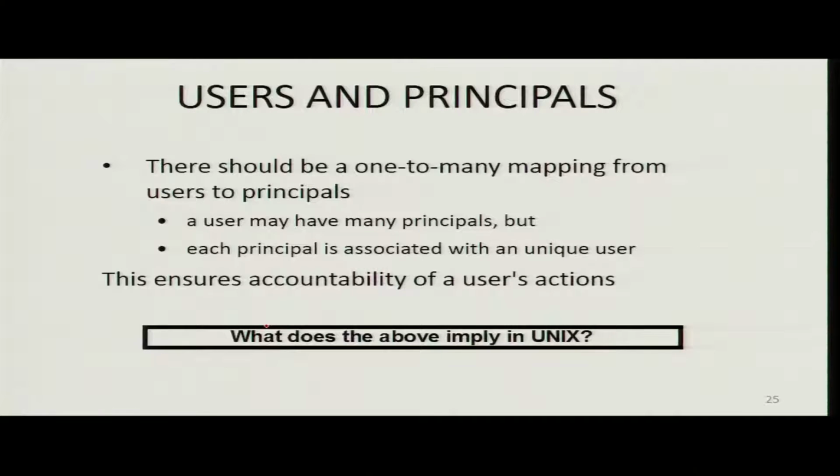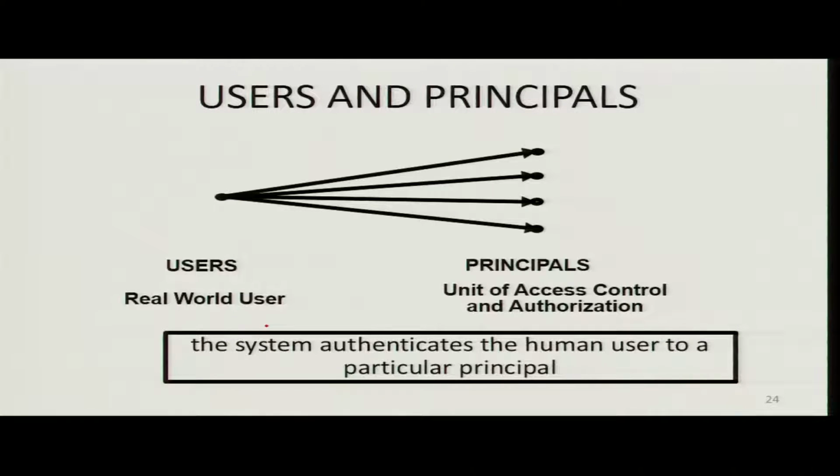Normally there is a one-to-many mapping from users to principals. For example, a real world user might have a passport or a driving license, or in our case an Aadhaar card, some way of authenticating himself or herself. Those are all principals, so each user might have multiple principals, but each principal has to be associated with only one user.